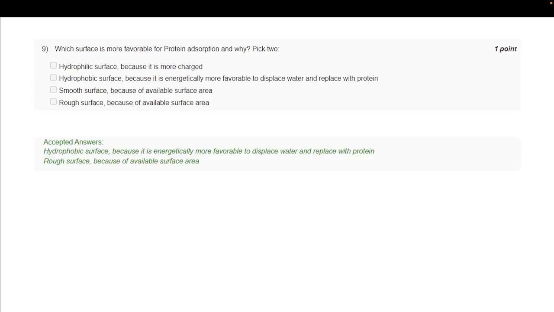So yeah, whoever answered in the chat box, you're right. The correct options are option 2 and 4.